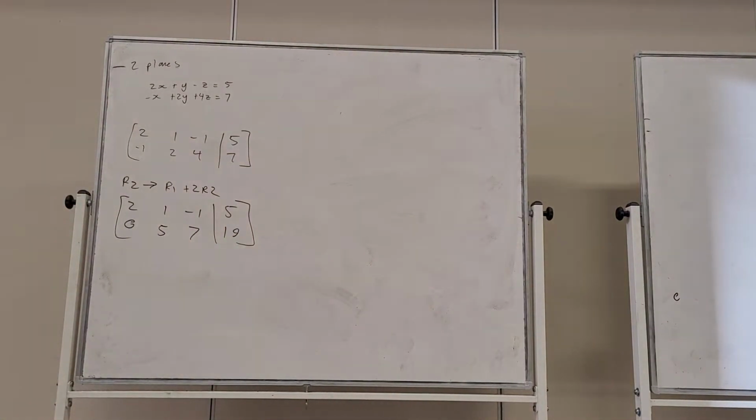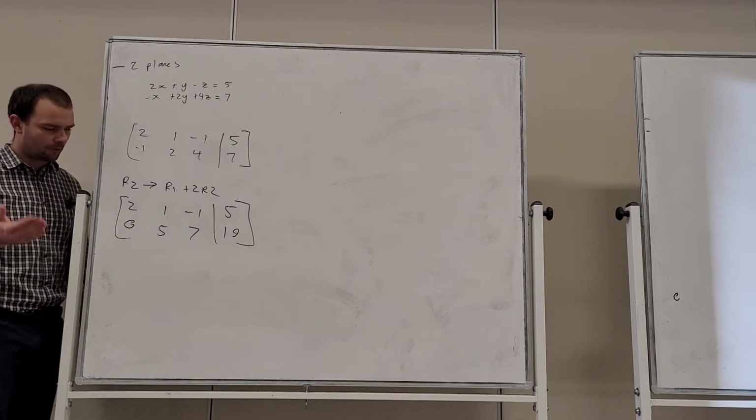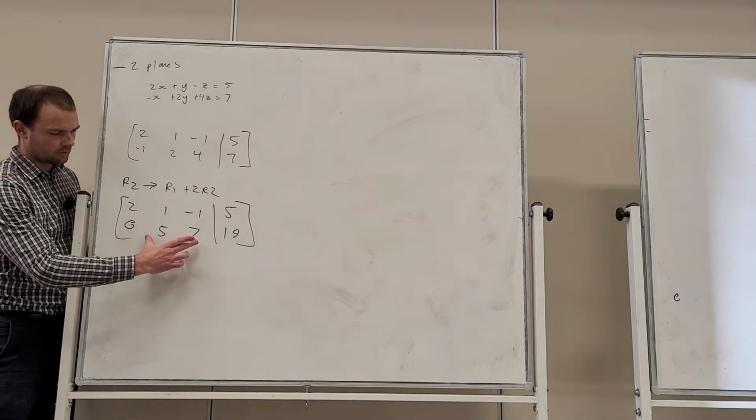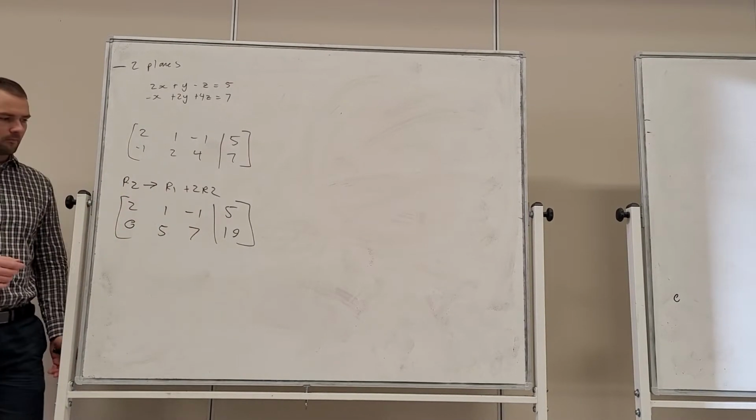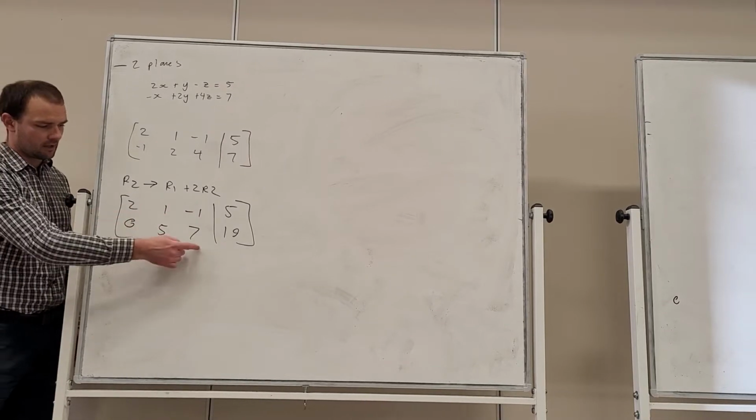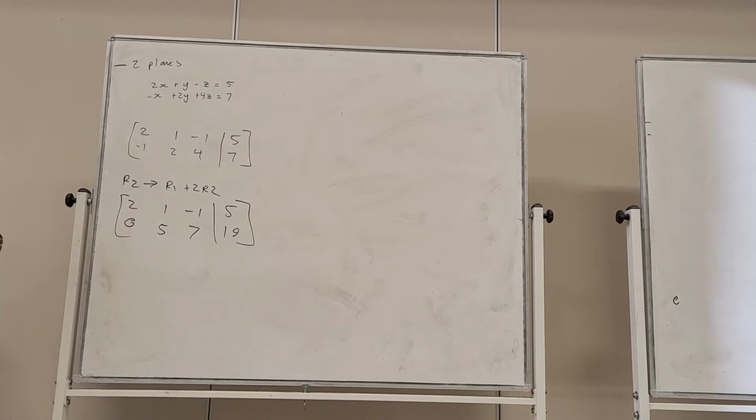Okay? Now we actually can't reduce this any further. If we try to perform another operation, like if we try and do this row take away this row, we're still going to end up with 3 numbers in this row and 2 numbers in this row. So that's as far as we can take it. So then what we do is we parameterize the result.